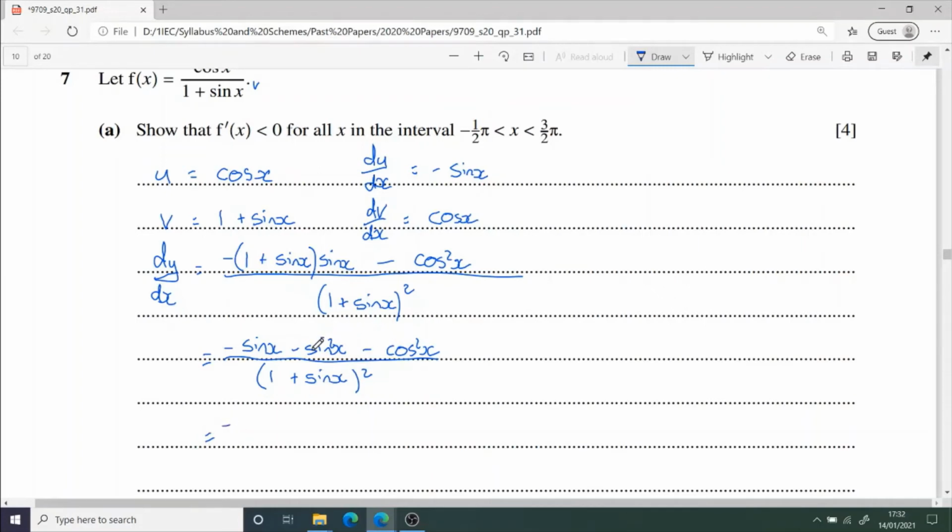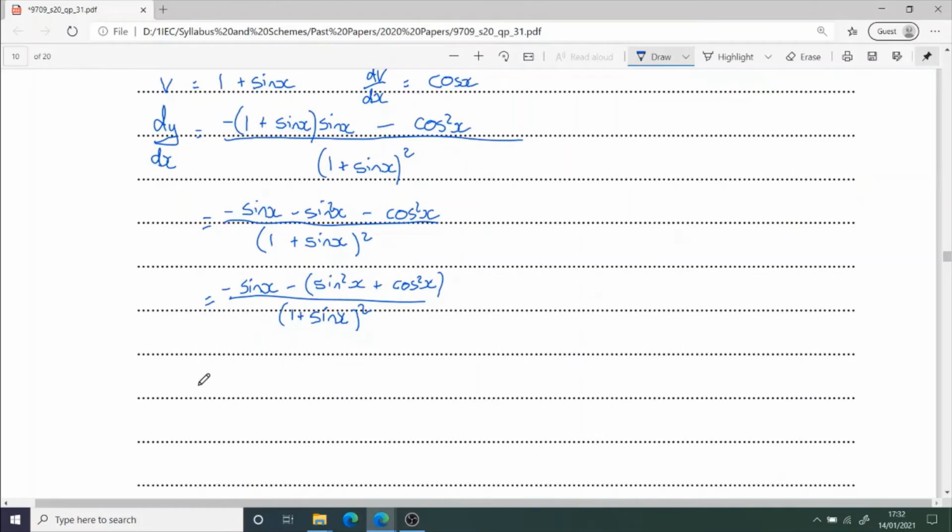Okay, so here we have something a bit like sine squared x plus cos squared x. So let's write minus in brackets and then sine squared plus cos squared divided by 1 plus sine x squared. Because sine squared plus cos squared is equal to 1, we can write minus sine x minus 1 over 1 plus sine x all squared.